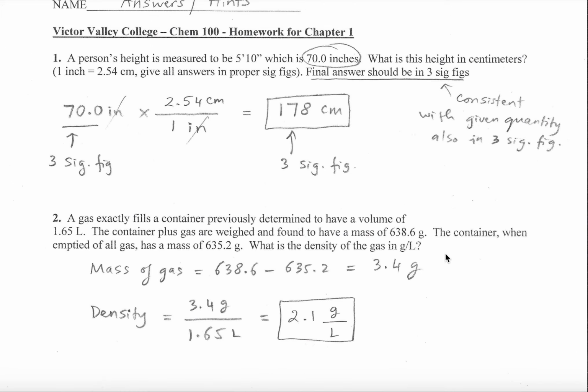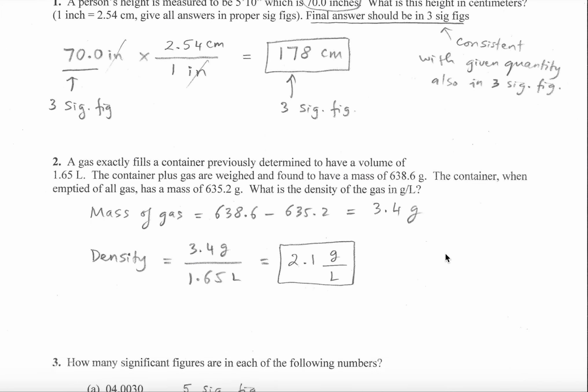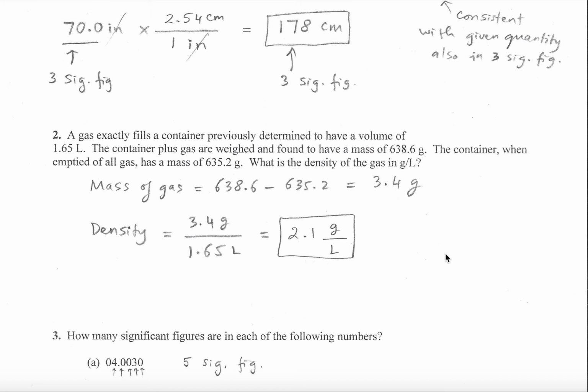Now, for number 2, okay, this one we've got to think about a little bit. A gas exactly fills a container previously determined to have a volume of 1.65 liters. So we've got the volume. That's the empty container.